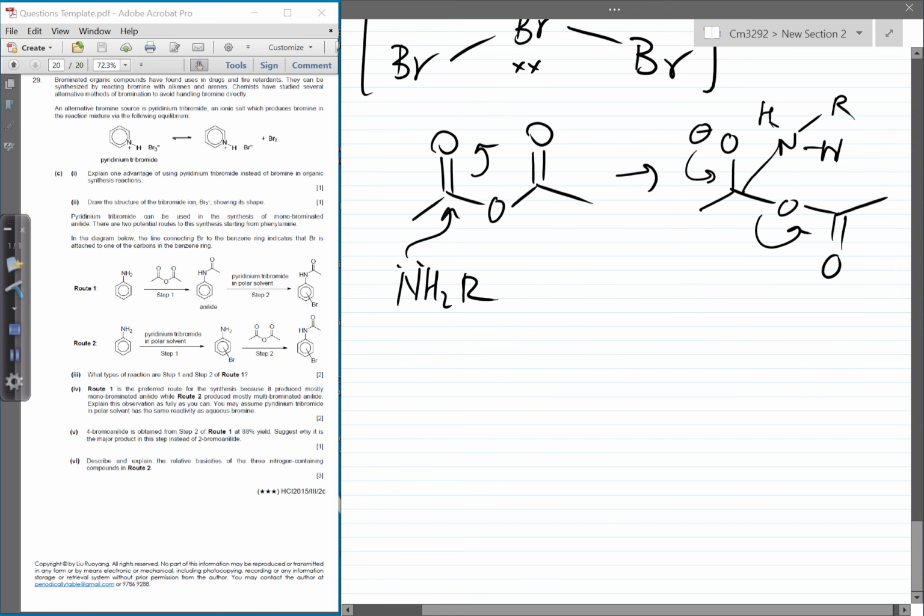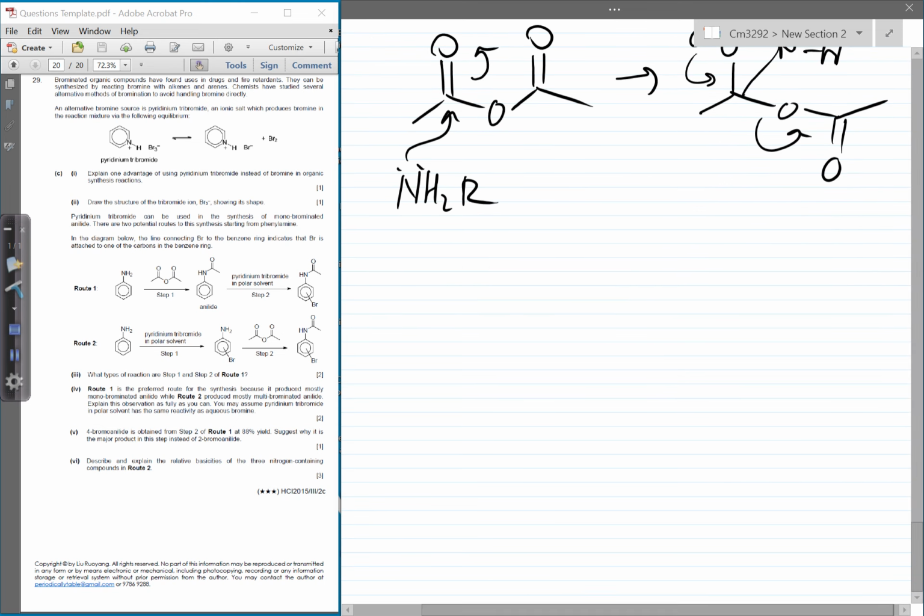So route 1 is the preferred route because it produced mostly monobrominated anilide, while route 2 produced the multi-brominated. If you can recall from our lesson, I already said that this is actually the trick in getting a mono-substituted phenylamine. You first deactivate it by making an amide, and then you hydrolyze it eventually.